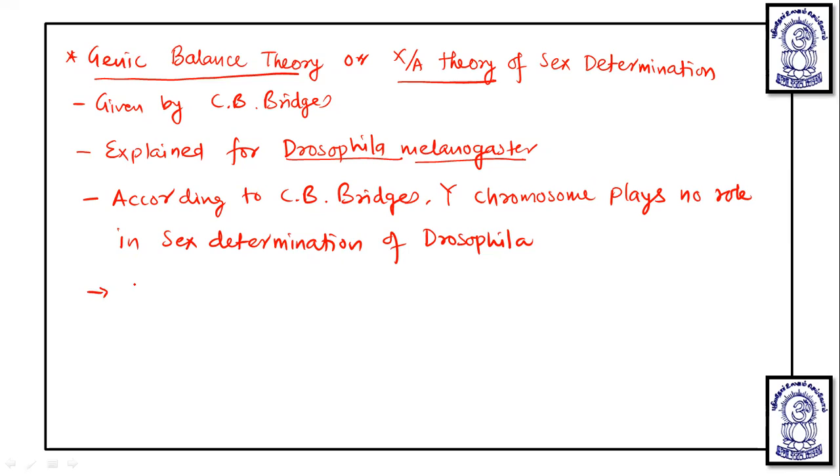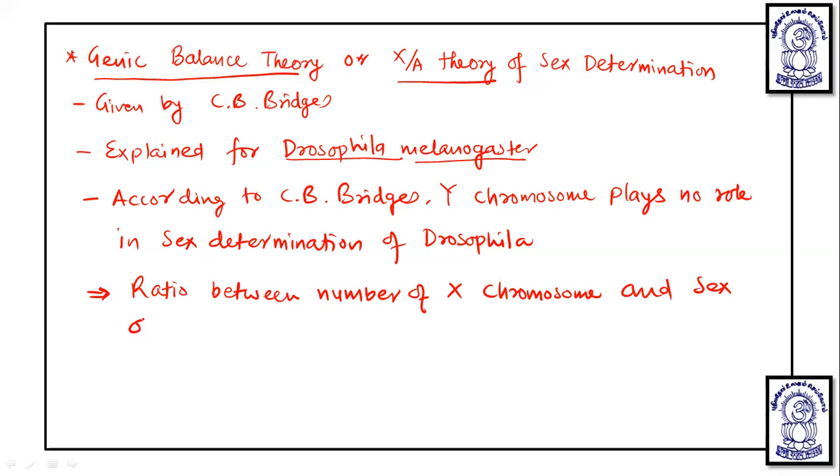And the important thing is that the ratio between the number of X chromosomes and the set of autosomes determines the sex of the fly, or Drosophila melanogaster.